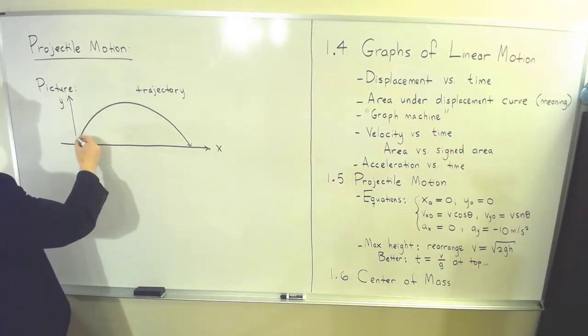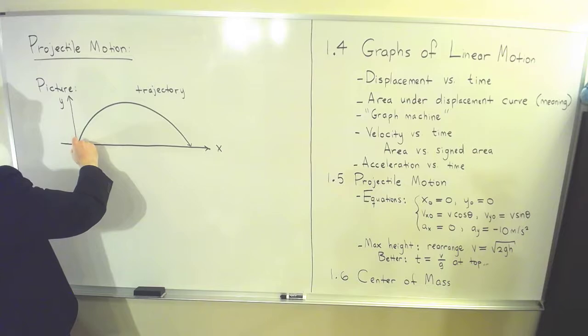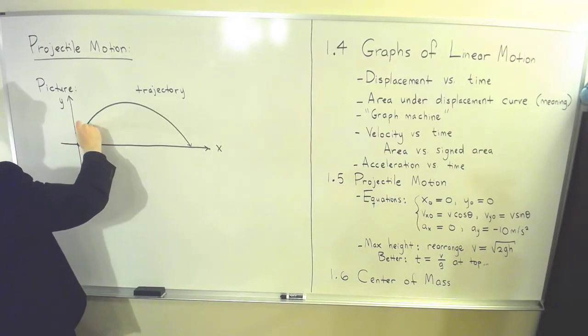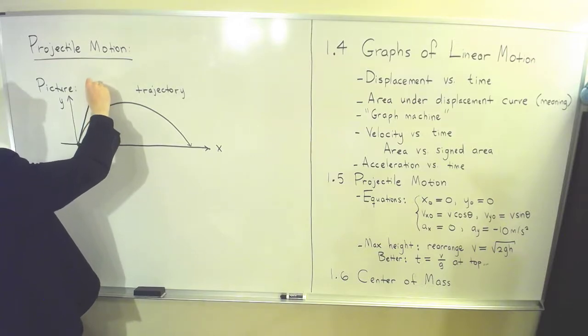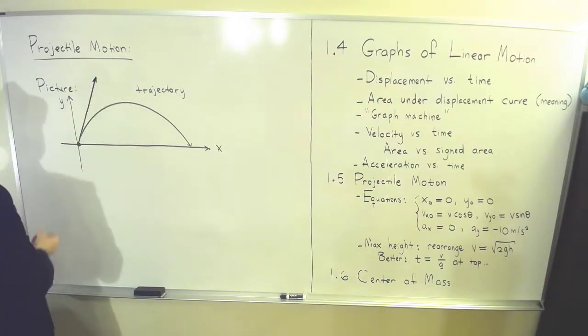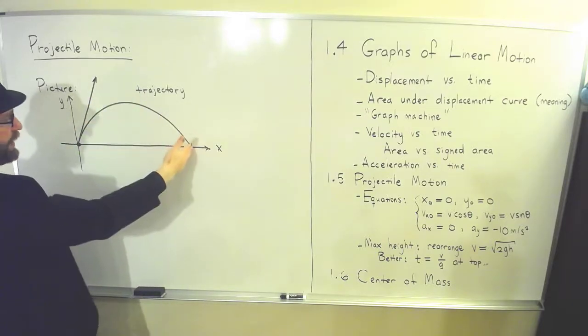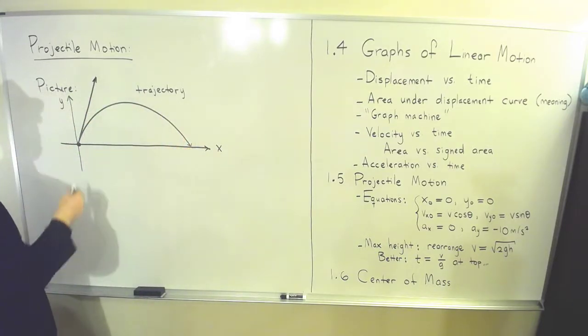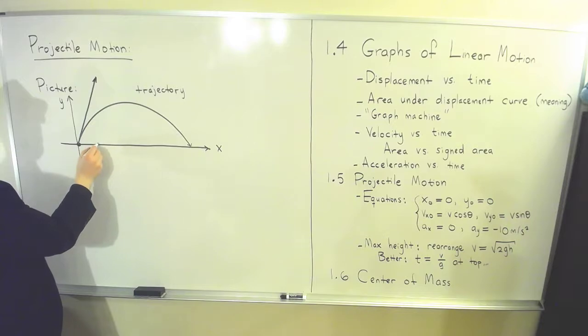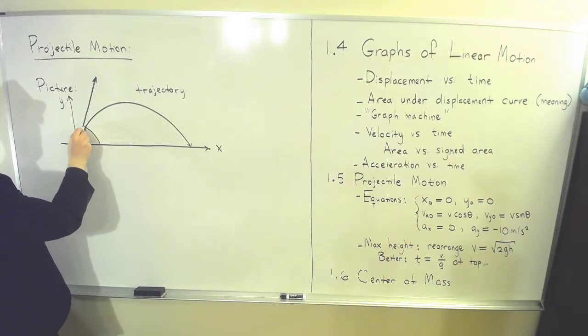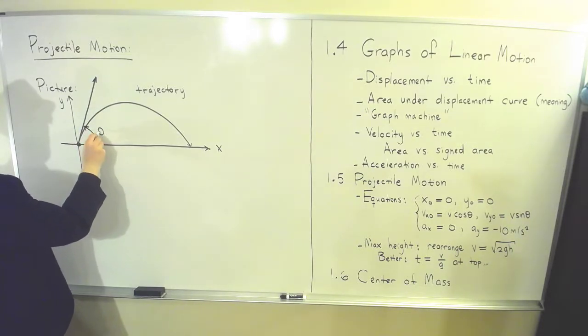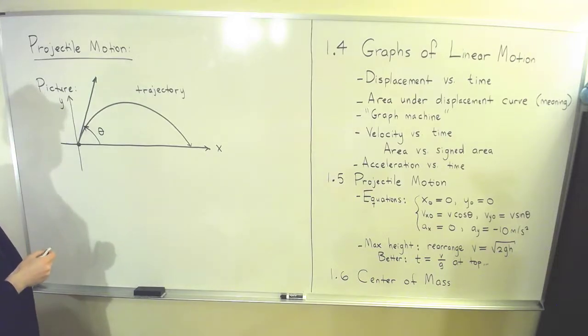And so we're going to have a launch angle. The launch angle is the angle at which this starts out going. So I could draw a line that goes like this. This would be the path if there was no influence of gravity to pull the projectile back down to make it hit the ground. And this launch angle here, I will call theta.